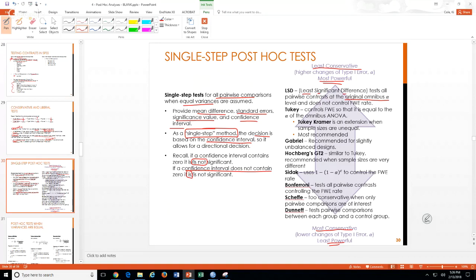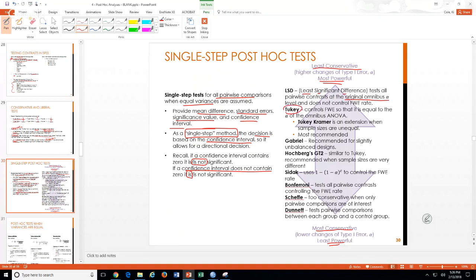So it would be like looking at everything, not making any modifications of alpha. So it increases that type 1 error rate, but it also is pretty powerful. If the differences are there, we will detect them with the LSD.